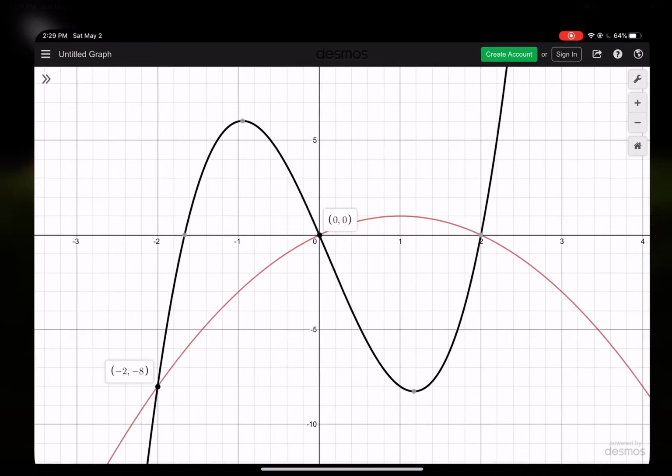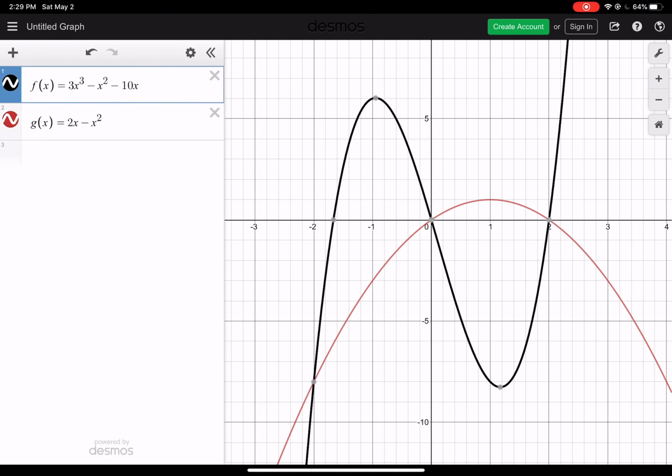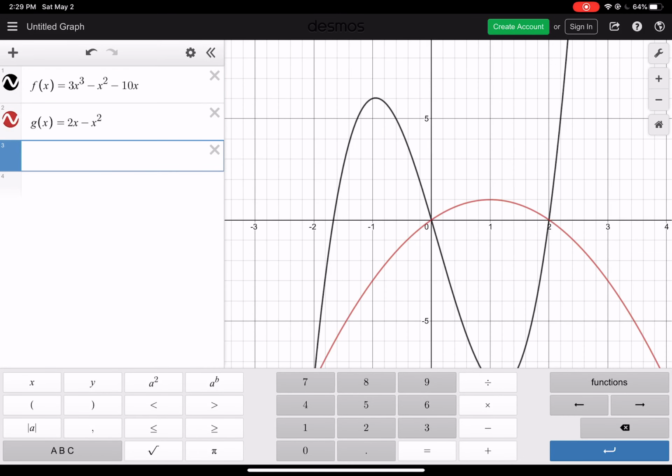So I'm going to go back to Desmos now, and the nice thing about Desmos is that it can do all the work for me. So if you want to do an integral, you need to type in int, and that'll give you the integral formula.